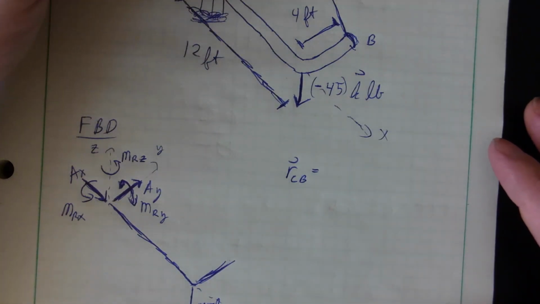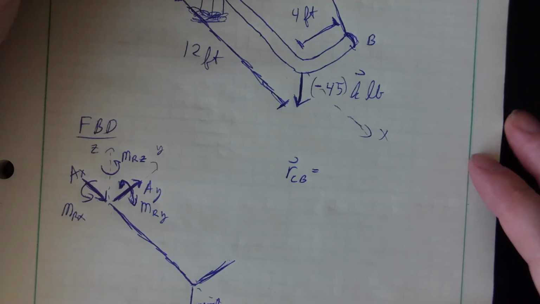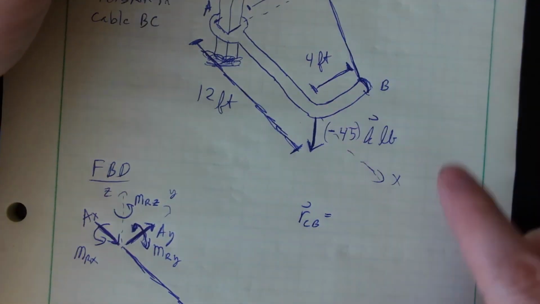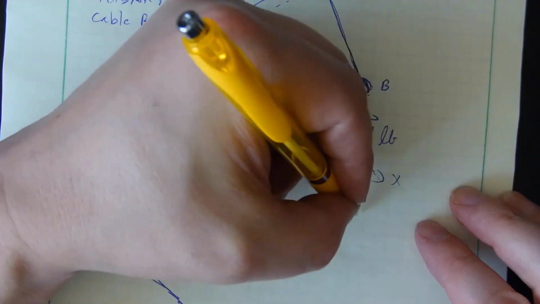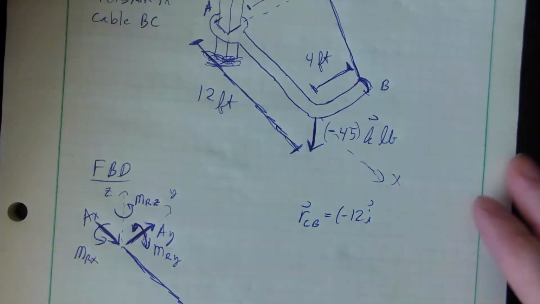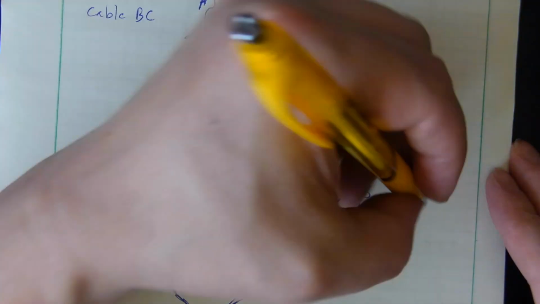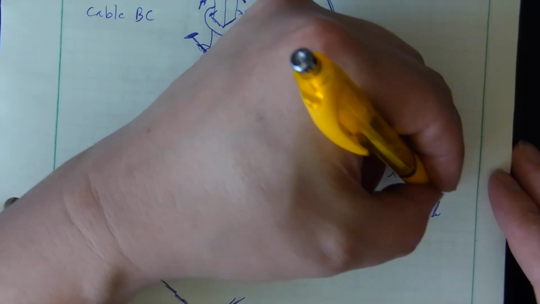Pause it if you want to go ahead and do that and see if you get what I get. Go ahead and pause it. All right, how'd you do? Going from B to C, I've got minus 12 in the i direction, plus 4 in the j direction, plus 6 in the k direction. Those are all feet.